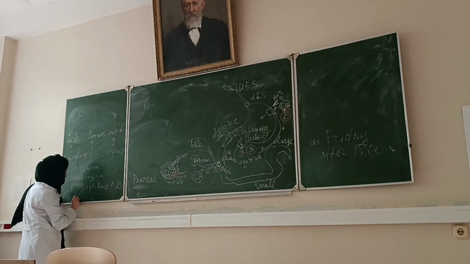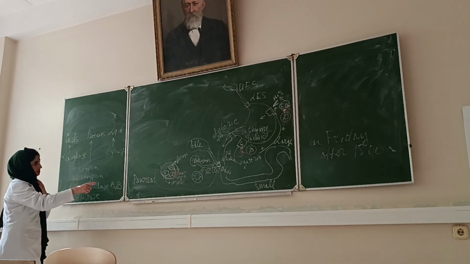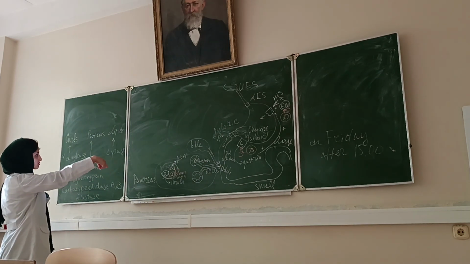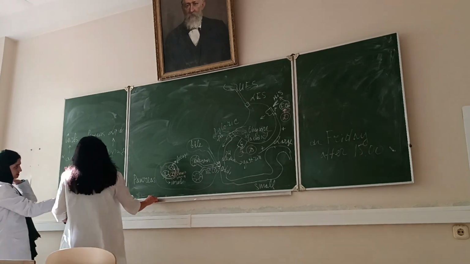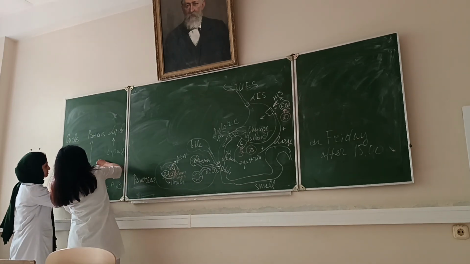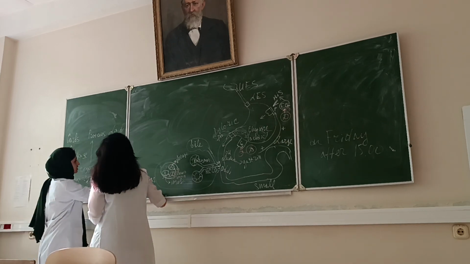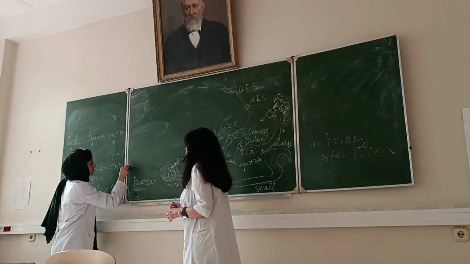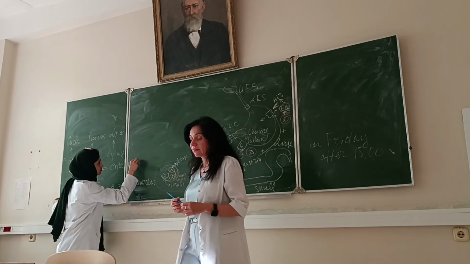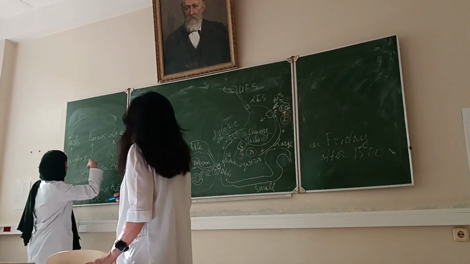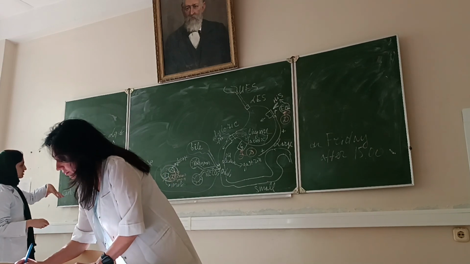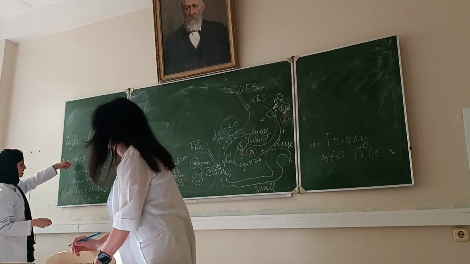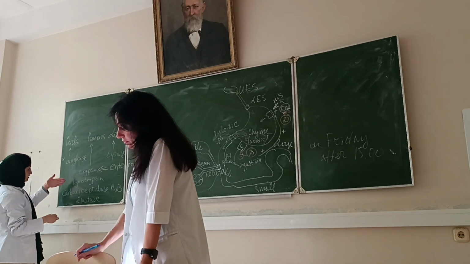What enzyme affects trypsinogen? Enterokinase. Enterokinase converts trypsinogen to trypsin. Trypsin is the active form and it activates step by step.